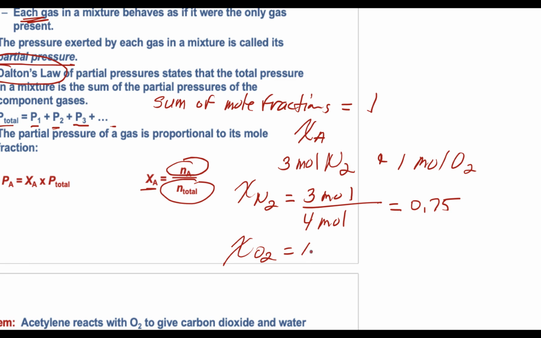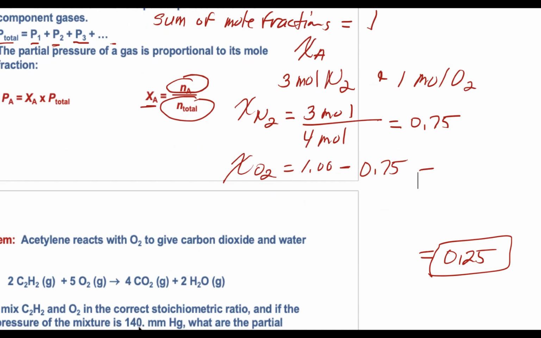Or, since there are only 2 components in our mixture, I can just subtract the 0.75 from 1, and I get 0.25. So the sum of the mole fractions, again, has got to be equal to 1. Notice mole fractions do not have units, and that's because they cancel out.